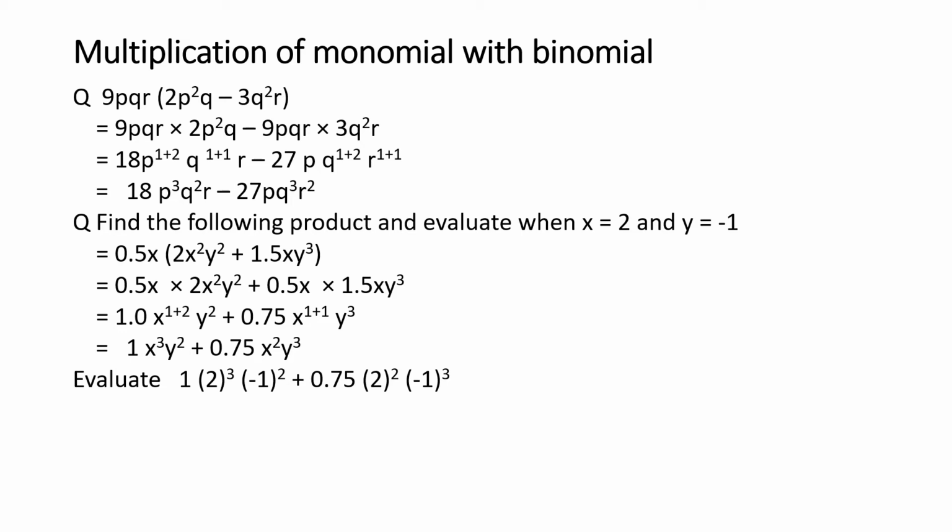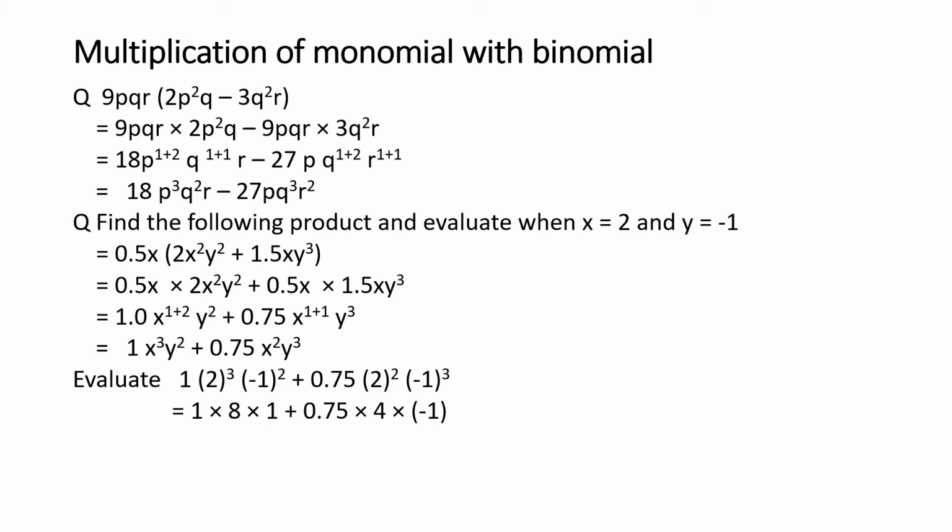1, 2 raised to power 3, because the value of x is 2, then minus 1 raised to power 2 plus 0.75 into 2 raised to power 2 into minus 1 raised to power 3. Now we have put the values of the variables here.